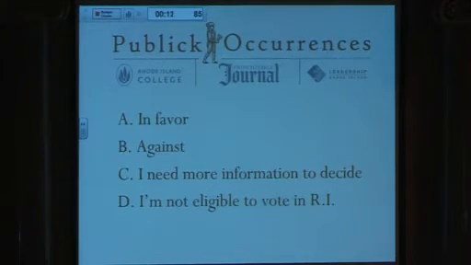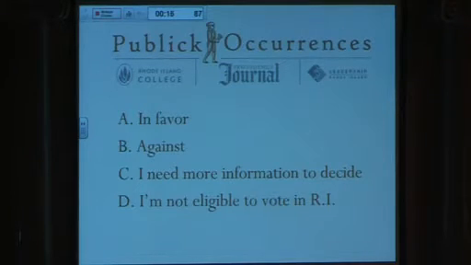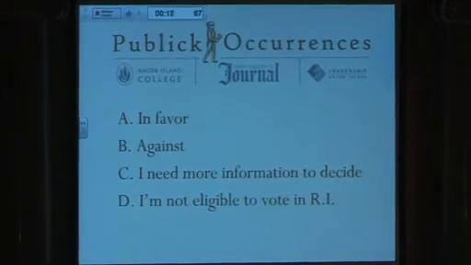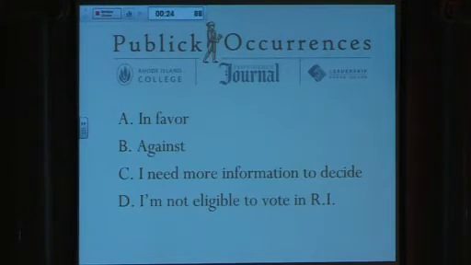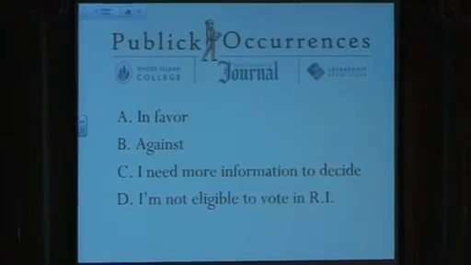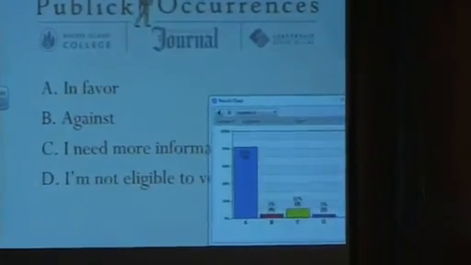We may have lost a few people, so Paul Parker's going to have to do some math over there. All right, I think we'll close it. I think we lost 2 people. In favor.